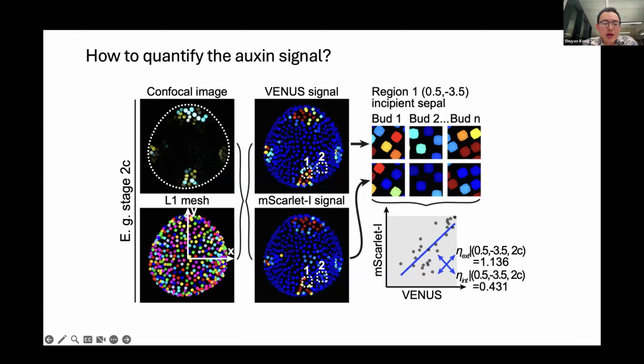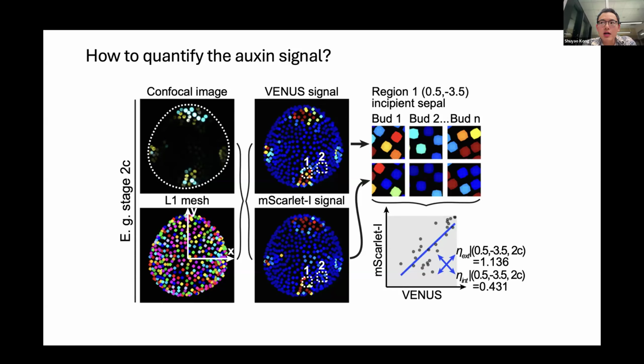From the H2B signal, the first step that we did was to create this L1 mesh. You can see here each nucleus is labeled by a little ball, which is a mesh in MorphoGraphX. How we did that: we imported the H2B-TFP signal into MorphoGraphX, and then we did a Gaussian blur.